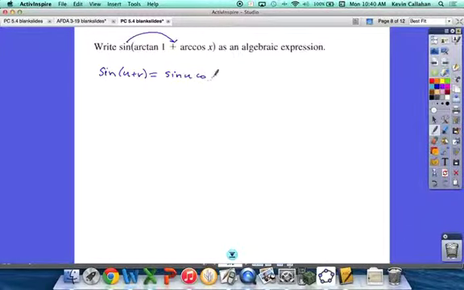sine u cosine v plus cosine u sine v. But this time our angles are actually inverse functions.